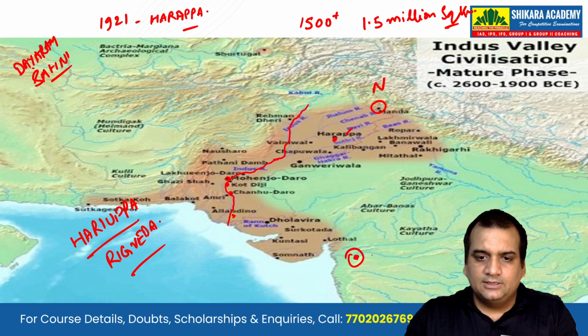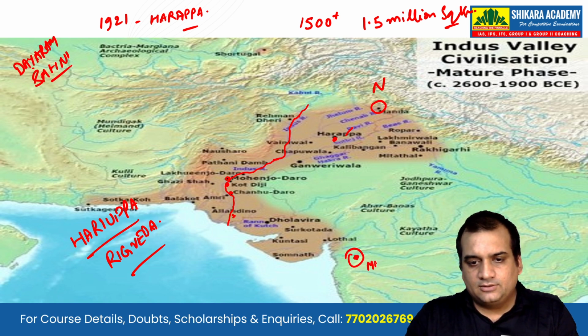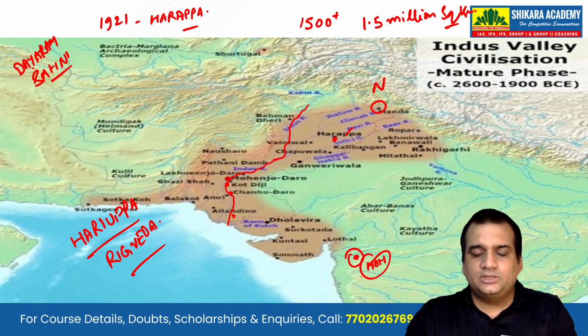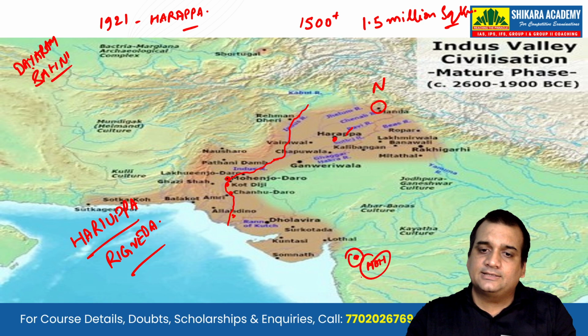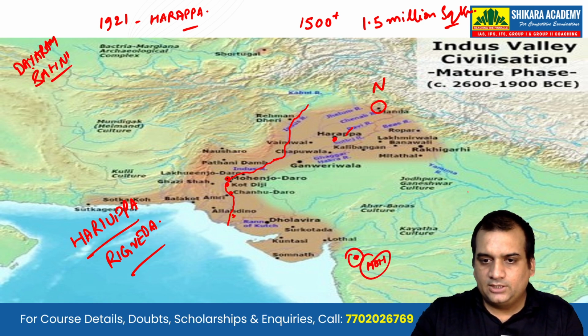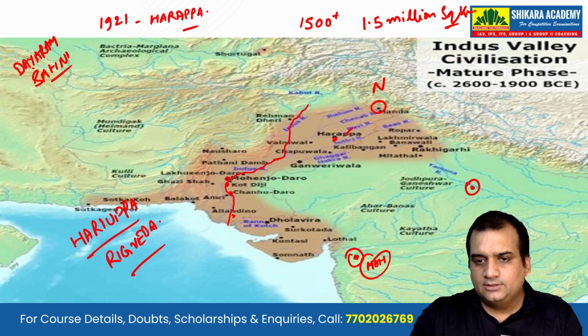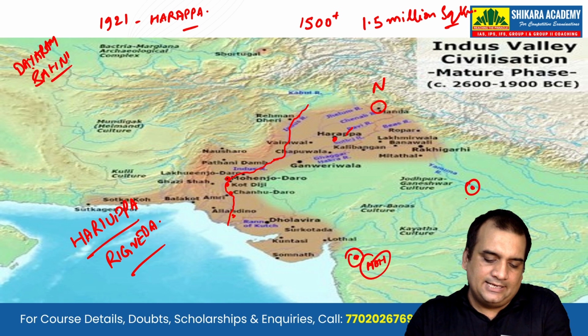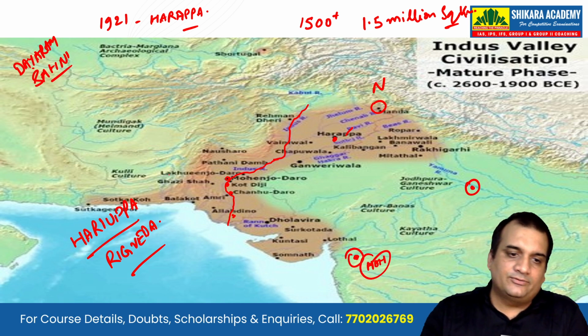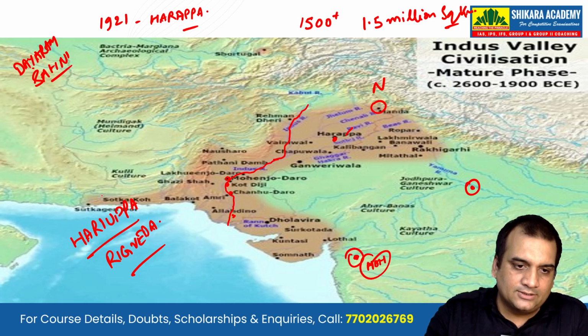The easternmost is Alamgirpur in UP, somewhere here. And the westernmost, very visible here, is Sutkagen Dor.